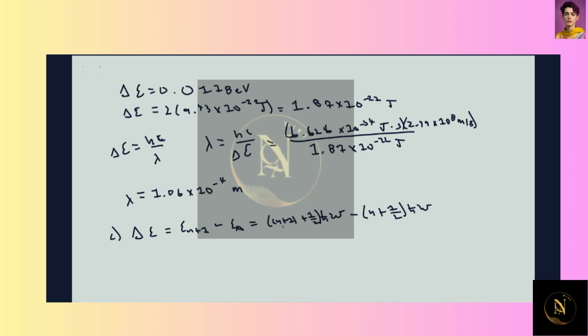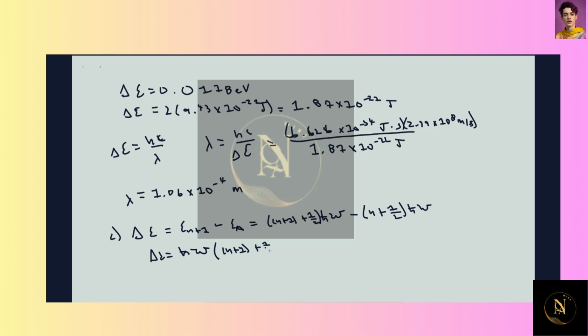So now, simplifying this, we get delta E is equal to h bar omega times (n plus 1 plus 1/2 minus n minus 1/2).